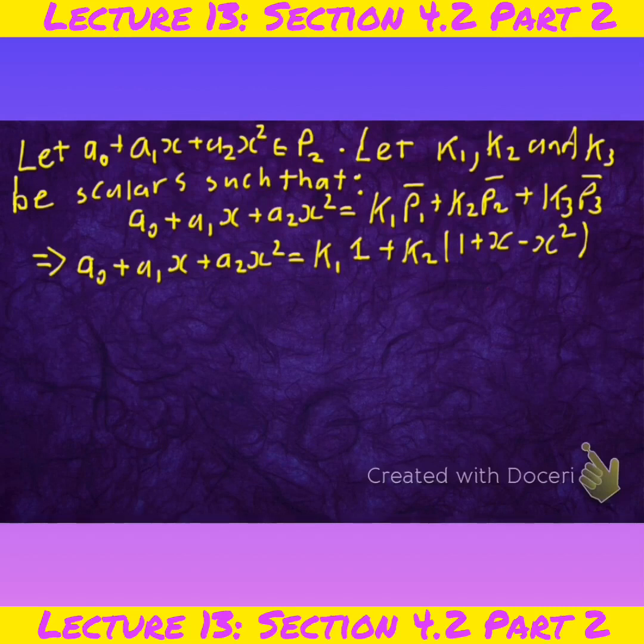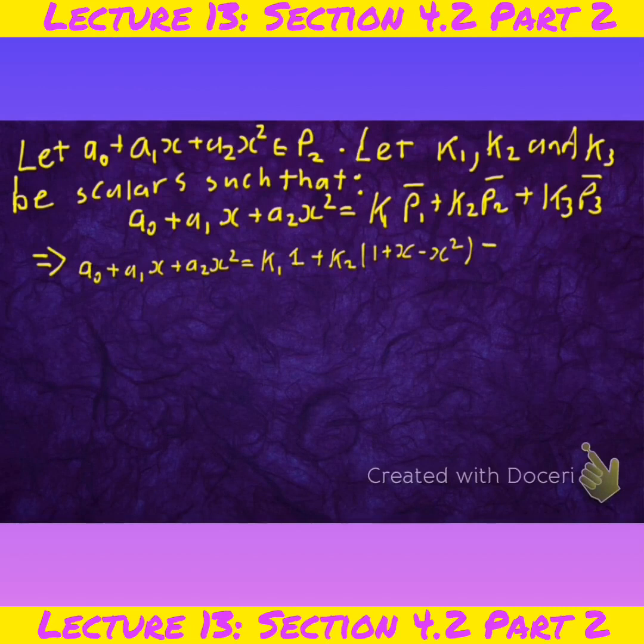Plus k3 times (1 + 2x squared). Now what we're going to do is gather the like terms, the x's and the x squareds, and we get the following.